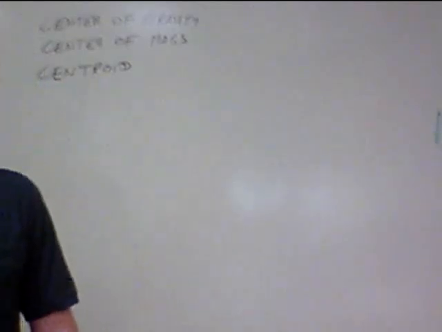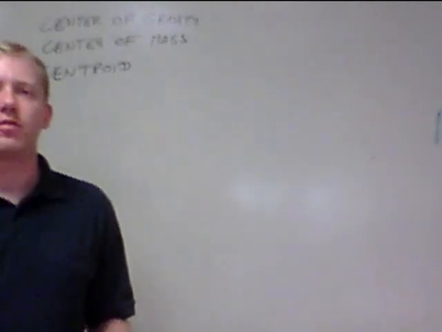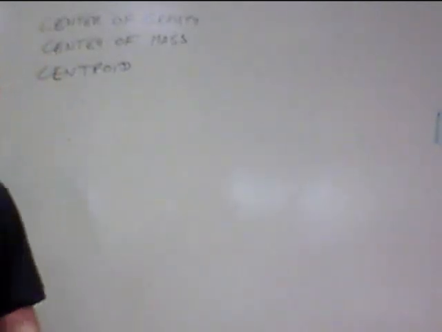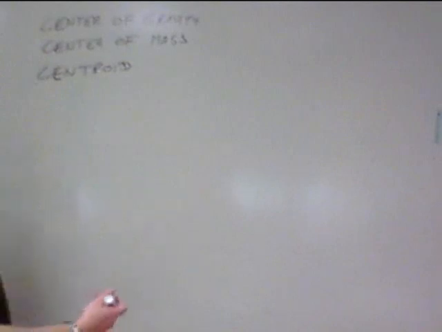Again, it's all about trying to determine where we can replace a rigid body with a single point force or point volume. So we're going to go ahead and talk about what these are to begin with.